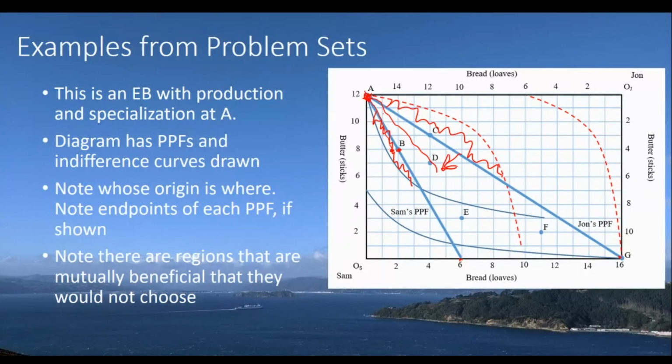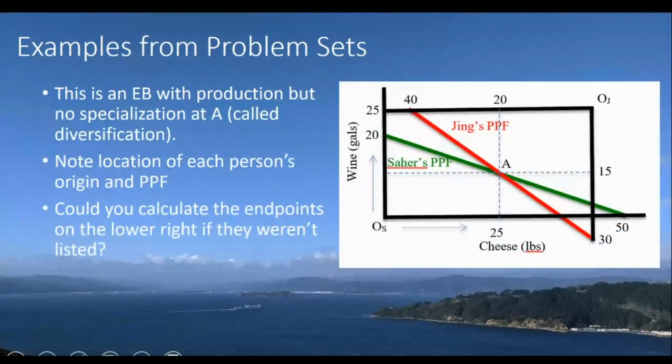All right, and so that's a little bit of a difference in what are relevant areas in a diagram with production versus just a pure exchange model. Okay, lastly, let me just flash up this diagram real quick to illustrate that here we've got a PPF diagram where the intersection of the PPFs is in the middle.